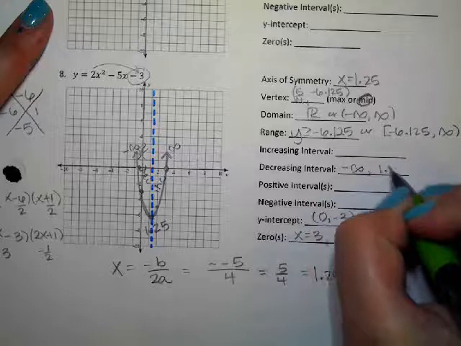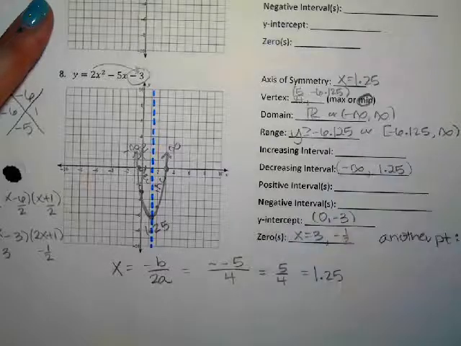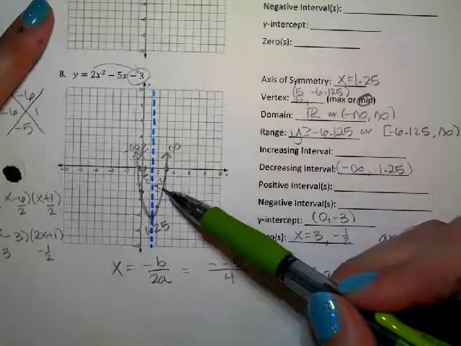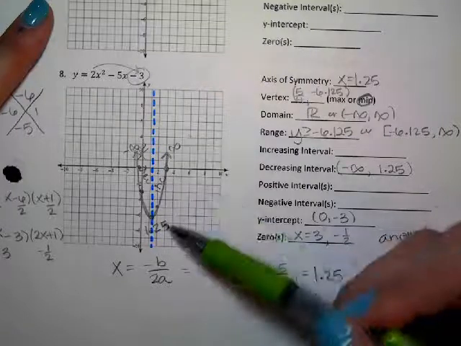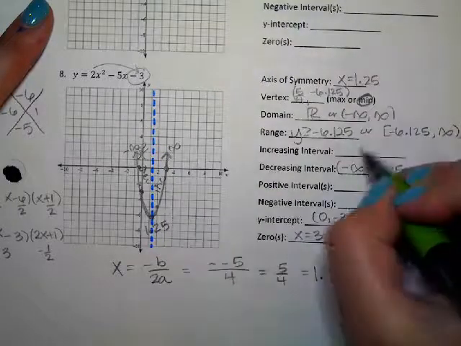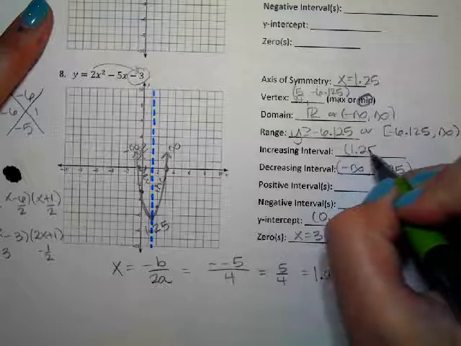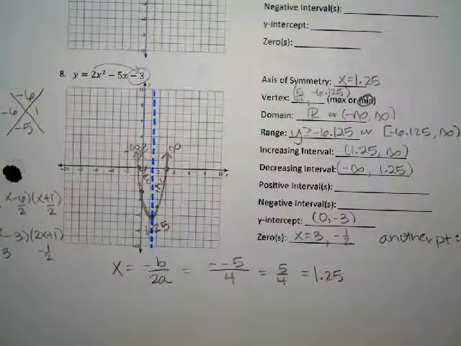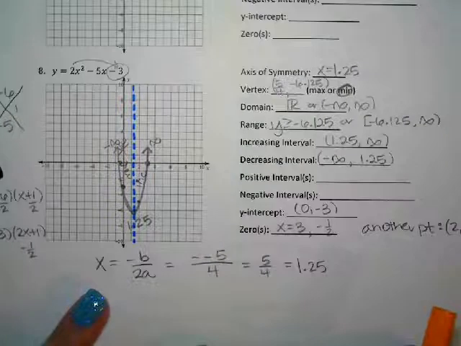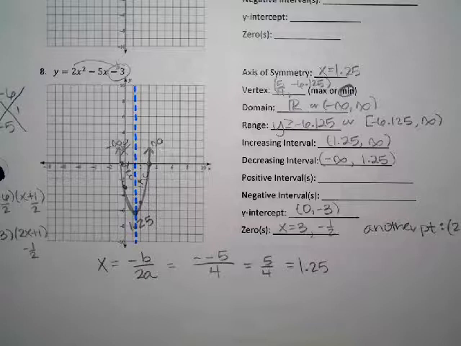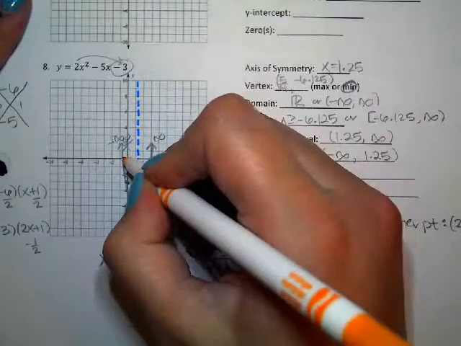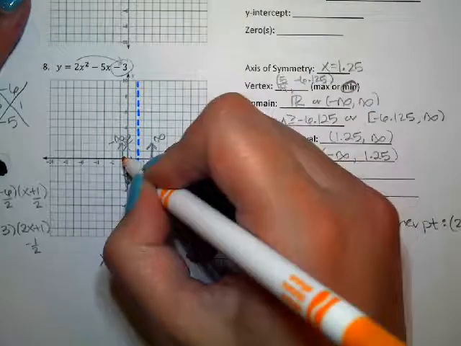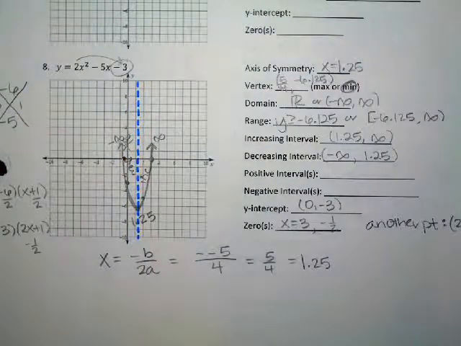All right, what part do I need to trace to figure out the negative interval? Everything under the x-axis. So I start at this x-intercept, which was what? Negative 0.5 or negative 1/2. And I trace it all the way over to what value? 3.